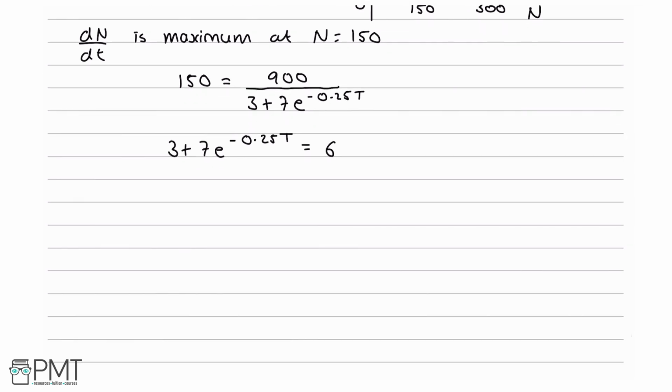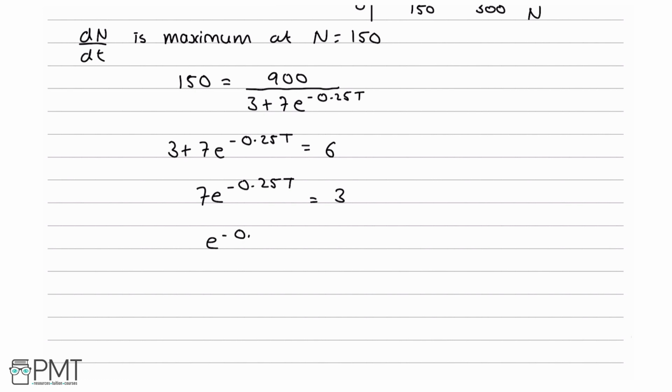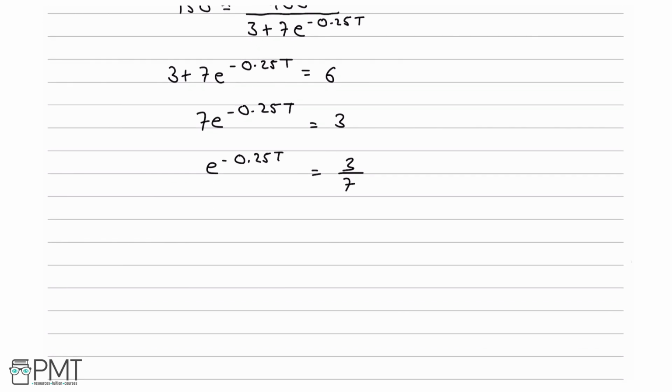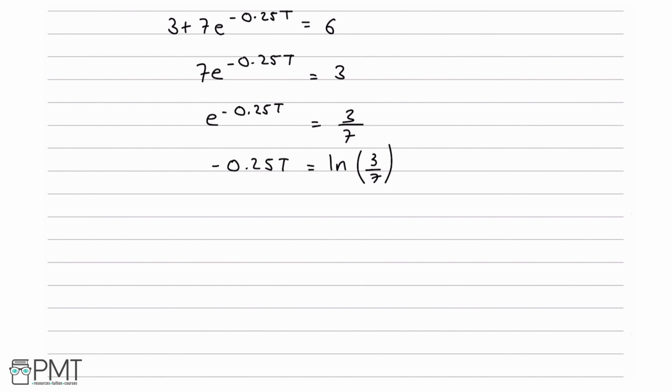Then we have 7e to the minus 0.25 capital T equals 3. e to the minus 0.25 T equals 3 over 7. Minus 0.25 capital T is ln of 3 over 7, and this means that T equals ln 3 over 7 times minus 4.